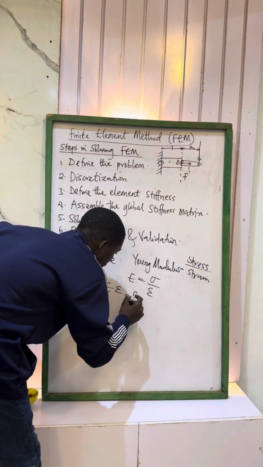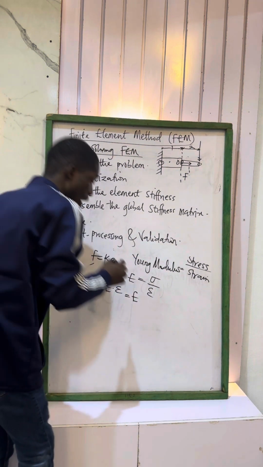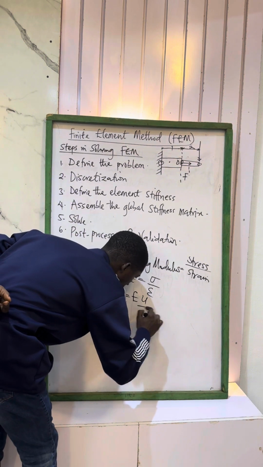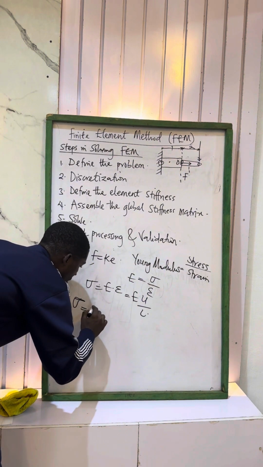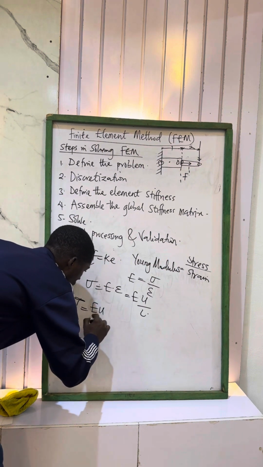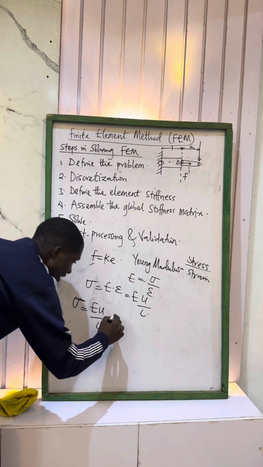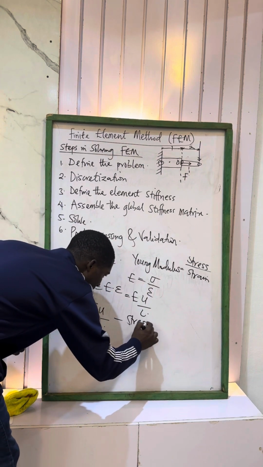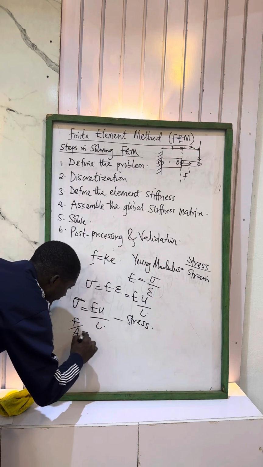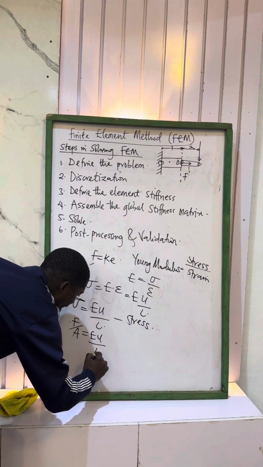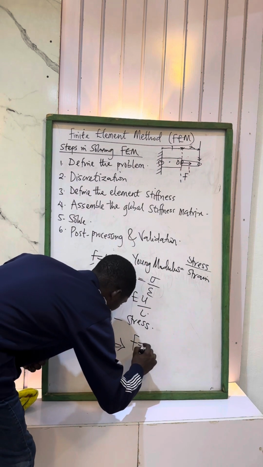Let me call the change in displacement U, then strain is U over L. So that simply means our stress is equal to E U over L. Now remember that stress is simply force over area, equal to E U over L.